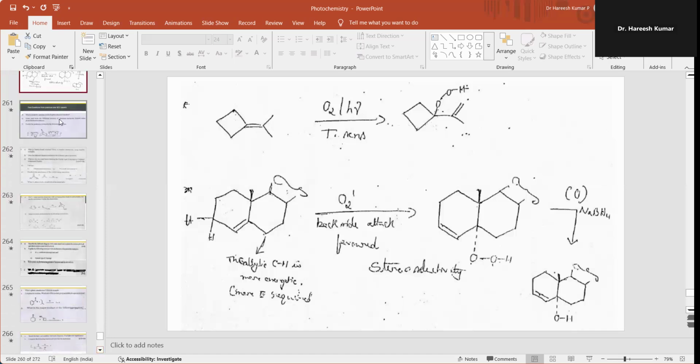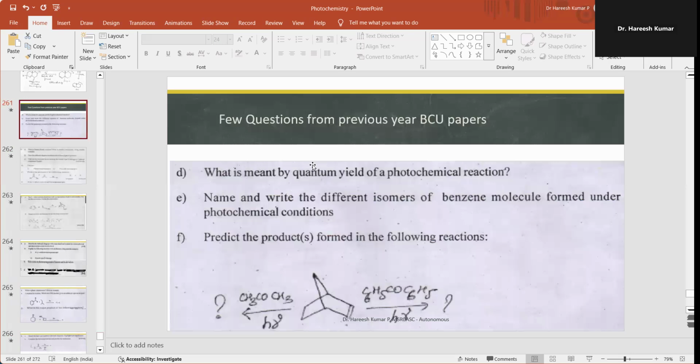Next are a few questions I'm taking. What is meant by quantum yield of a photochemical reaction? The amount of light absorbed by the reactant to form a product is called the quantum yield. If the product is small, the quantum yield is small.